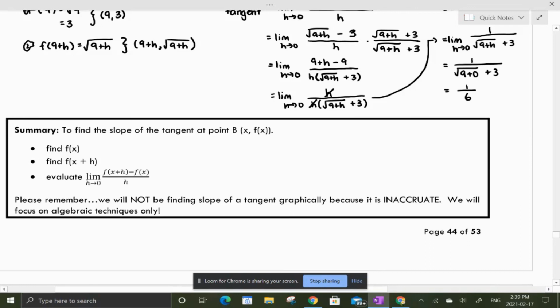And then you're going to use the limit as h approaches 0 of f of x plus h minus f of x, over h, and you're going to use all of those limit solving strategies that we worked on and developed to help you evaluate the limit to determine the slope of the tangent. Remember, we will not ask you to figure out the tangent by hand. We will always ask you to figure it out algebraically, because algebraically is the more accurate way.